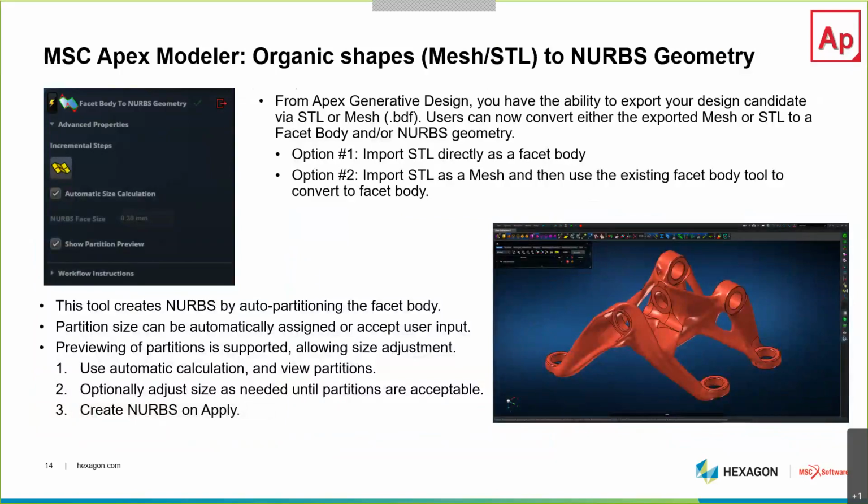Okay. And then the last thing, now this is a development on the Apex Modeler piece, but it very much ties into the Apex Generative Design piece, which is the ability to export geometry that has already been optimized inside of Generative Design and bring that directly into Apex Modeler, so that then you can do a traditional FEA analysis on this.